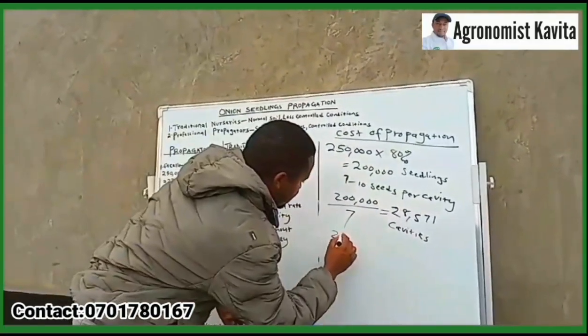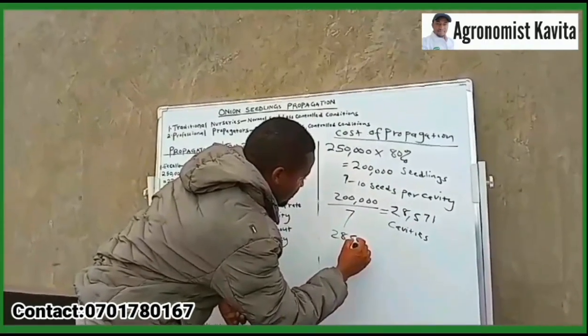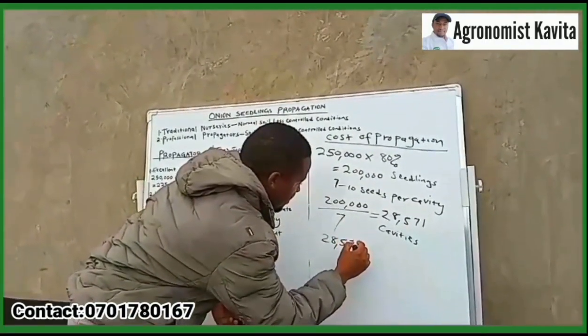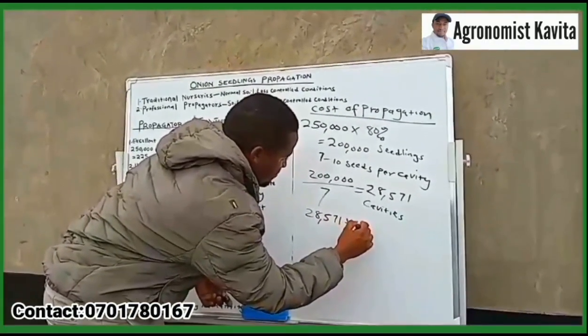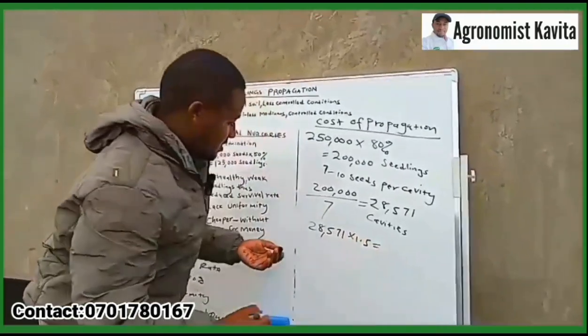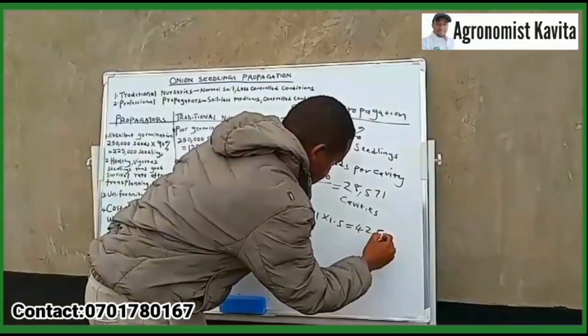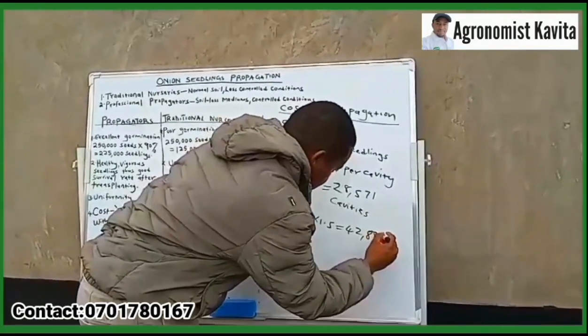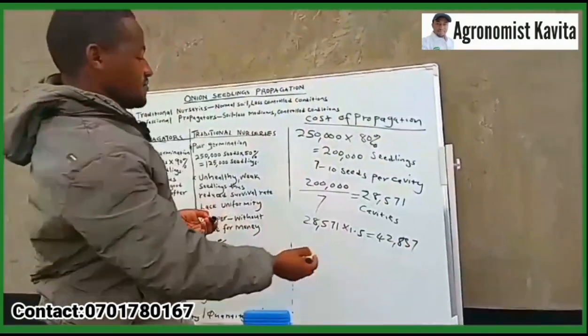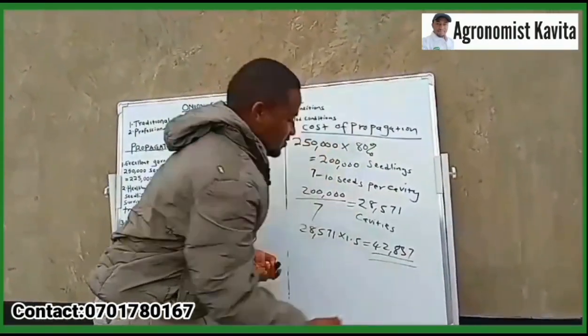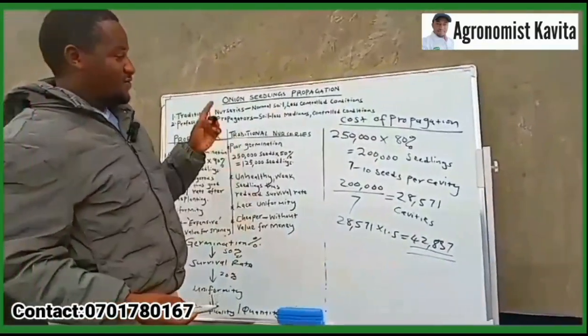So I'll just use 1.5. 28,571 times 1.5 is likely to give you 42,857. So this is the amount I'm going to pay for propagation.